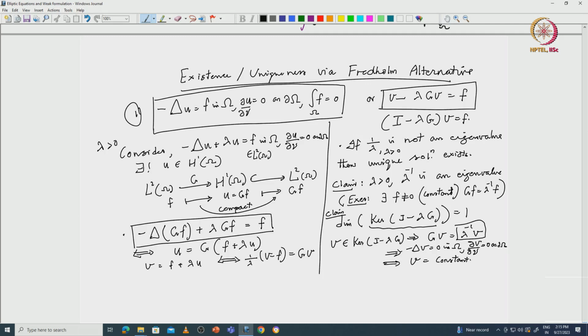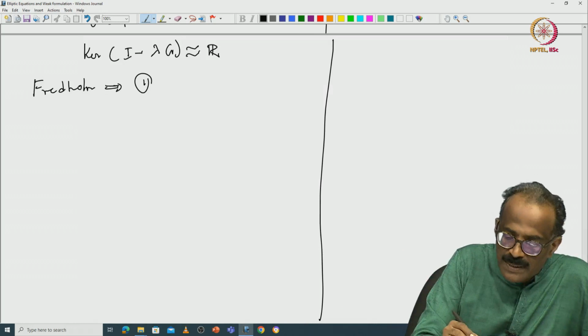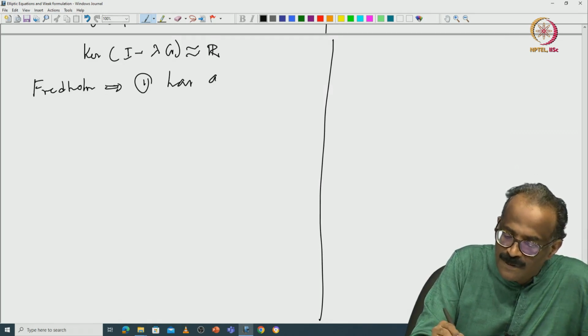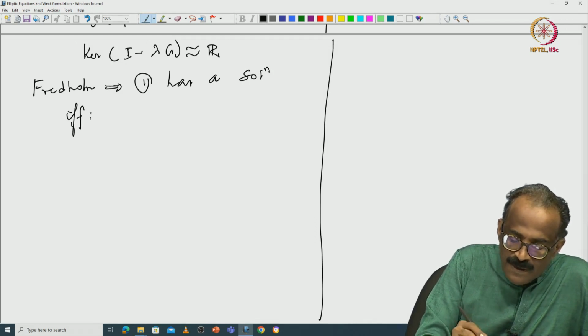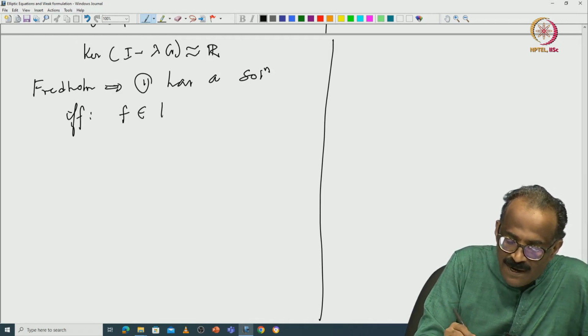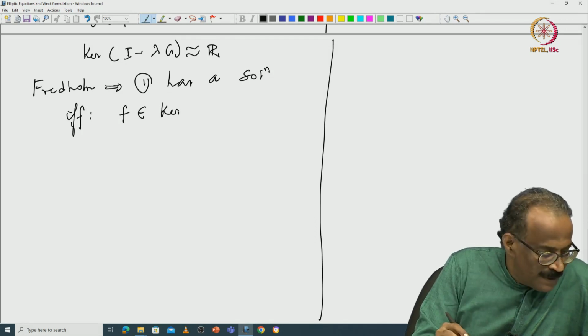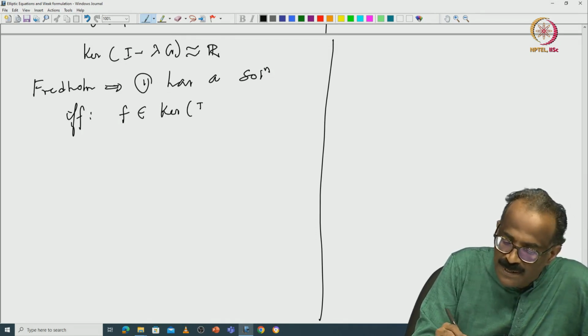So by now, Fredholm alternative. What will the Fredholm alternative tell you? Fredholm implies 1 has a solution. So what is 1? I can call this 1. 1 has a solution if and only if f is in the kernel of I minus lambda g.